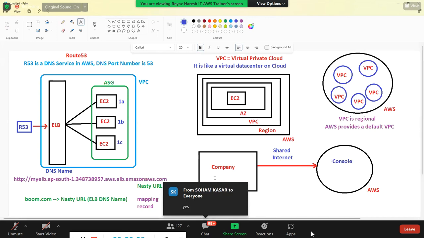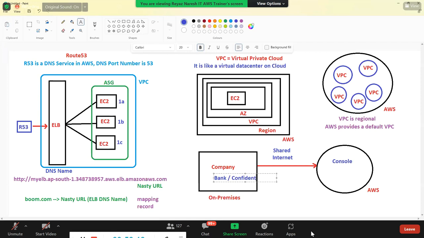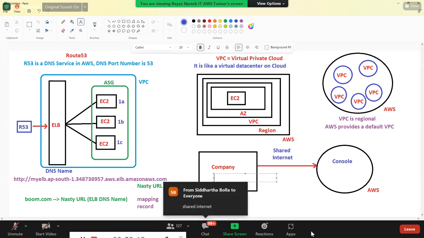Let's say, for example, this company is a bank or very confidential or any company. Is it good to connect to AWS using the shared internet provided by the ISP? Most, 90% of companies, go like this only, with the shared internet, right?